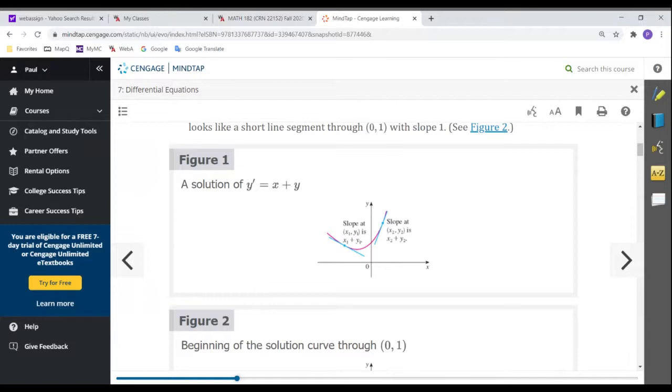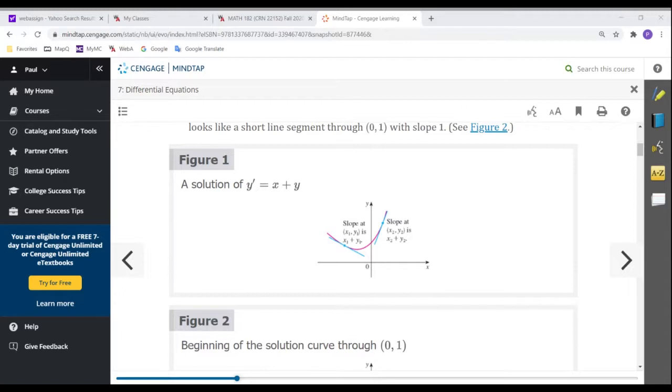I mean, they just drew a tangent line with a positive slope. Why didn't they draw a negative slope? Why must that slope be positive? And also look in the second quadrant, the slope at the coordinate x1, y1. That equals x1 plus y1, of course. But the tangent has a negative slope there. Why would that be?